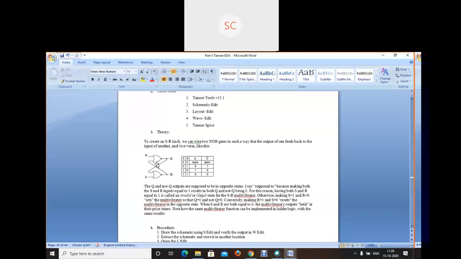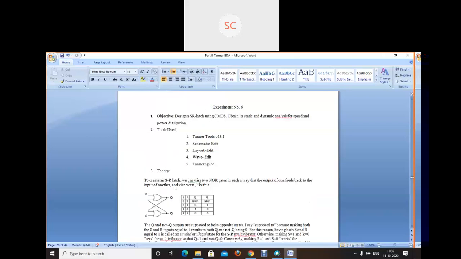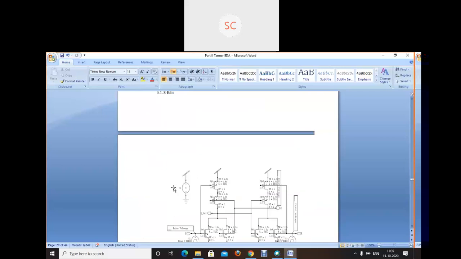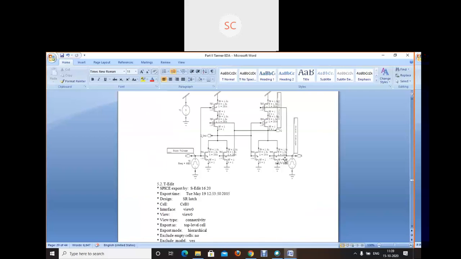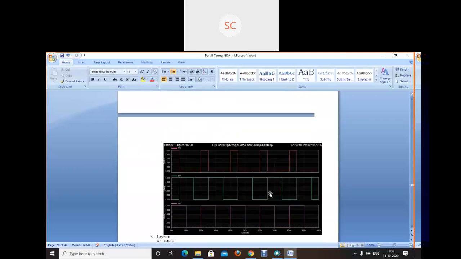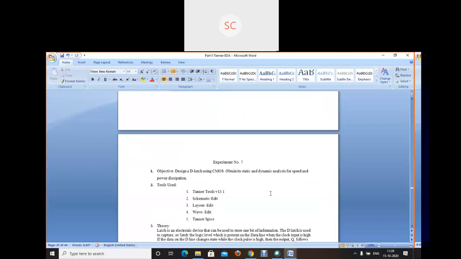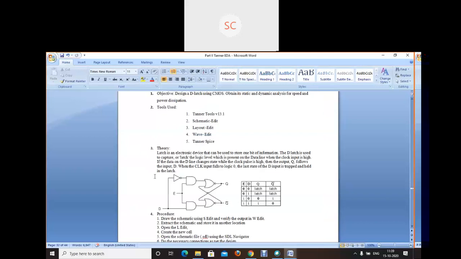So Q bar is coming on R and Q is coming on S. From this one we are getting the output Q bar, and here is Q, and both are feedback. So this connection is very important to understand and put in well. The same thing is here.